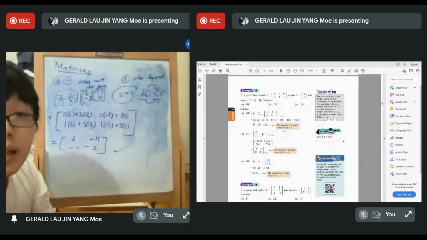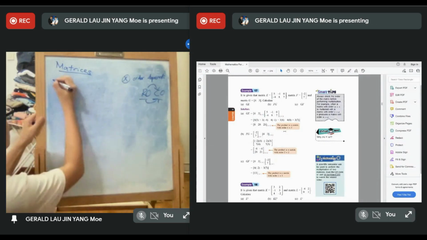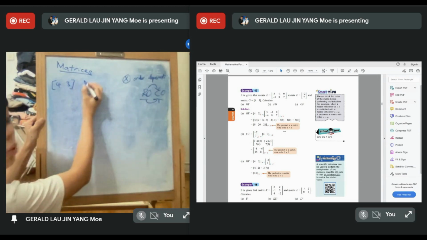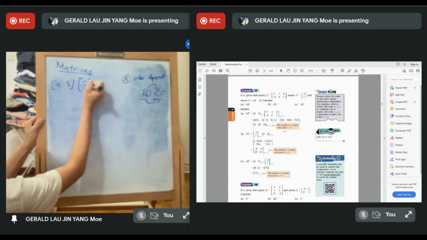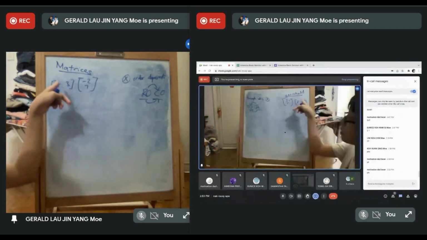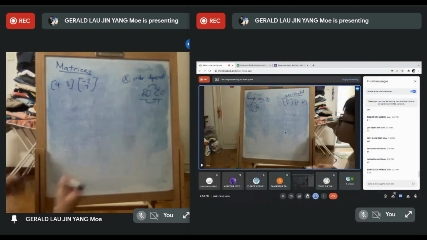Okay, let's look at another example. Okay, let's do this now. 4, 3, and negative 2, 7. Okay, what is the order for this 4, 3? What is the order? Okay, 1 times 2.